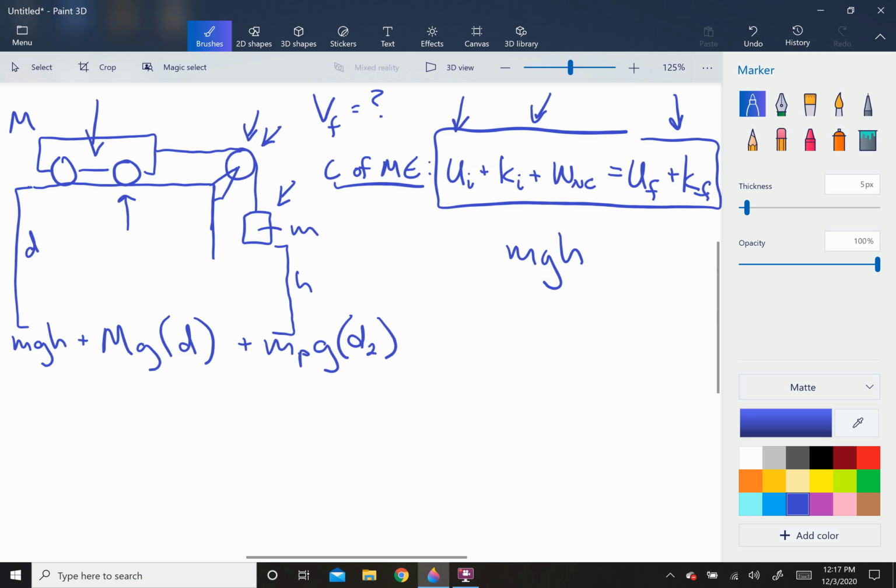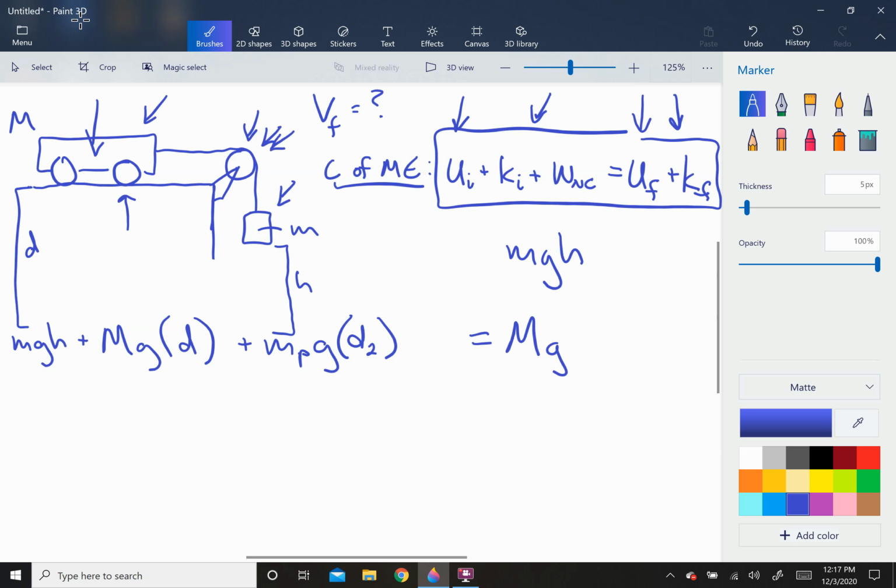So I can write for each of these things, right? But then when I go to do U final, if we look ahead, the height of the cart hasn't changed, and the height of the pulley hasn't changed. So when I go to do U final, I'm going to have these terms again, right?